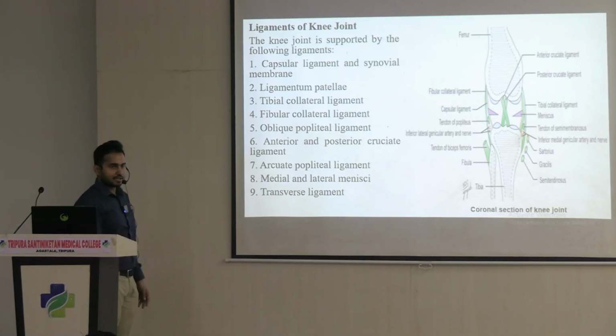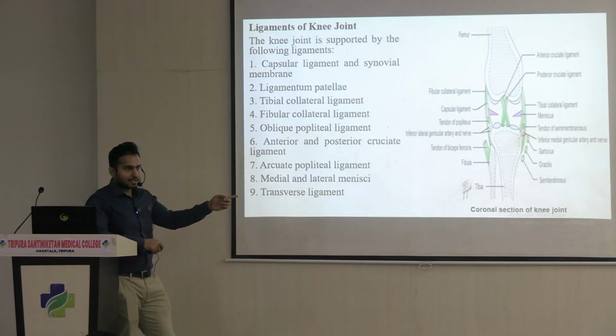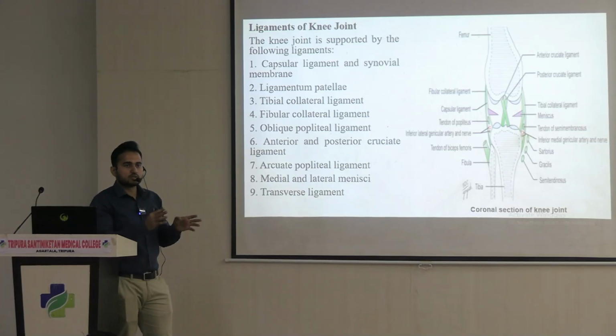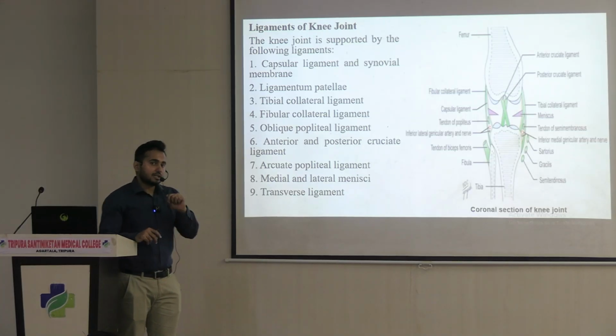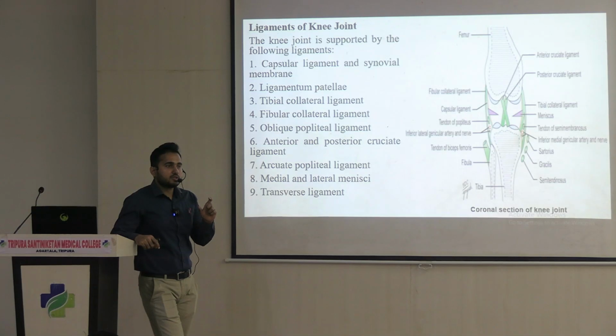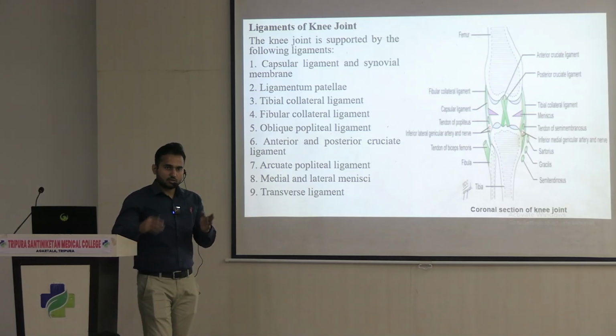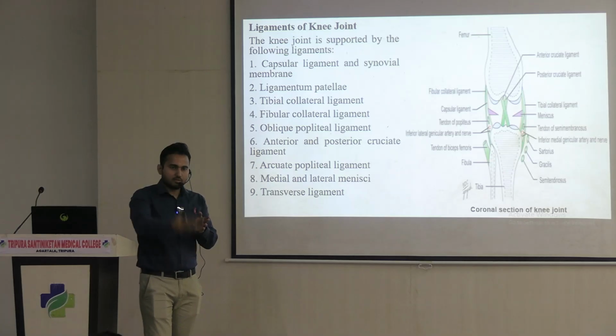This is an easy diagram and it shows most of the structures. Another important point: it's not possible to show all the ligaments in one particular diagram. Can you tell me why? Because of the views. All the structures are not present in one aspect.